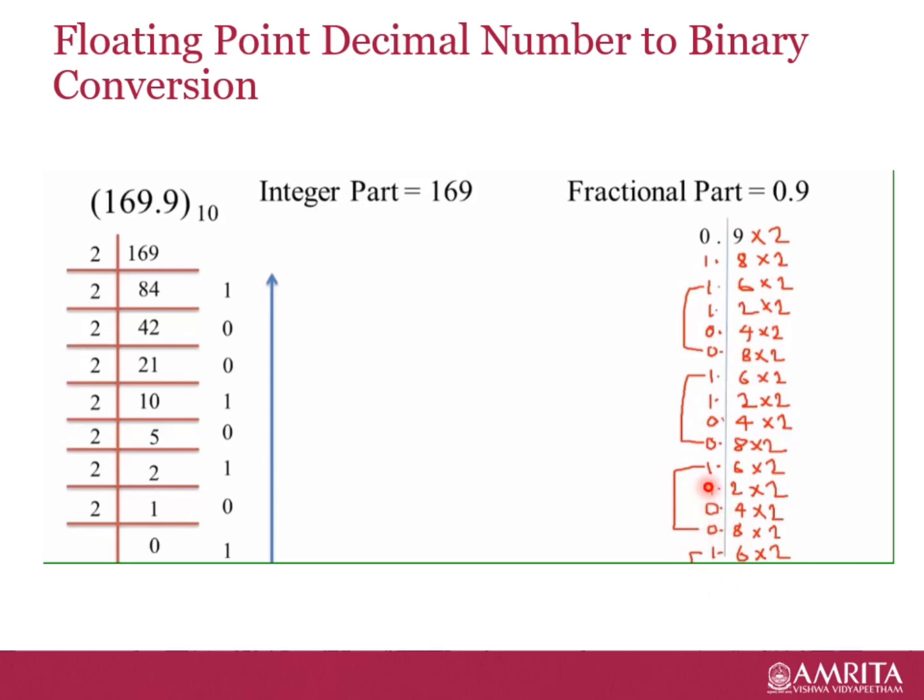So there is no point in continuing with multiplying by 2. If this pattern is repeating, then we can stop the multiplication there itself, and this is the binary equivalent of the fractional part 0.9, that is 1 1 1 0 0.